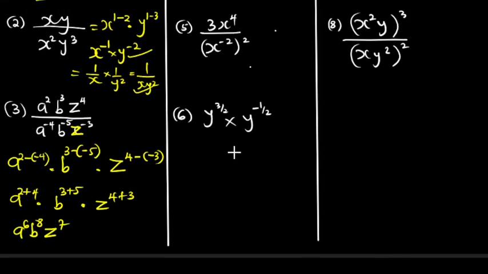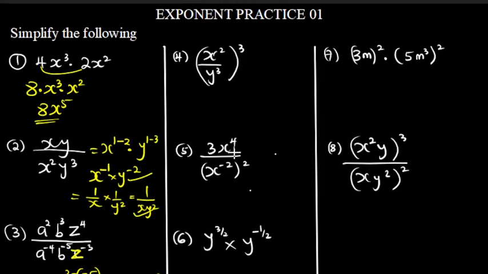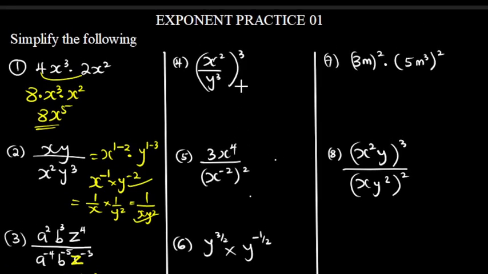Okay, then for number 4, this one is distributed over everything here. So this will be x to the power of 2 times 3 is 6, divided by y raised to the power of 3 times 3 is 9.